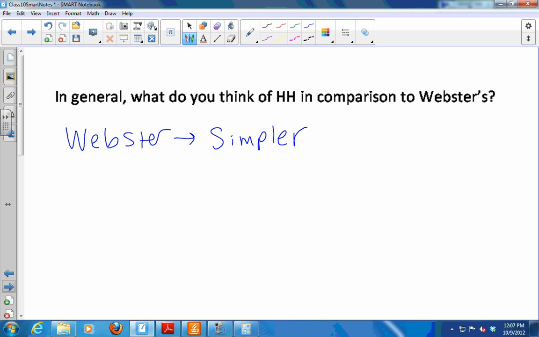Really? You think that the rounding rule is easier? I mean, I can just look at a number and know how to round it under Webster's method. Under Huntington Hill, I have to do all these other calculations and decide how to round. Simpler, faster, and given that they're almost the same otherwise.